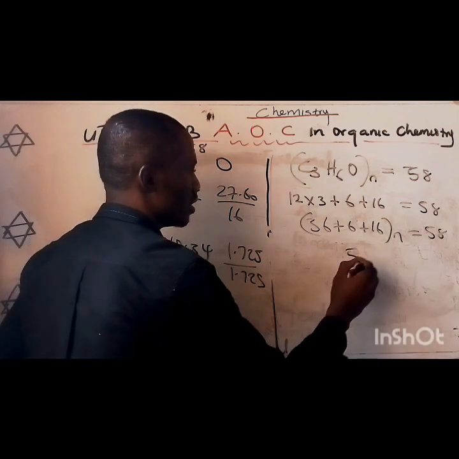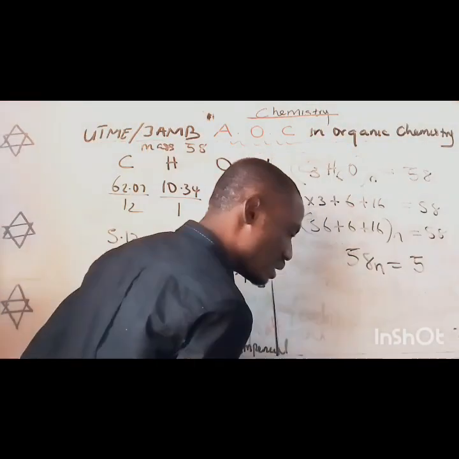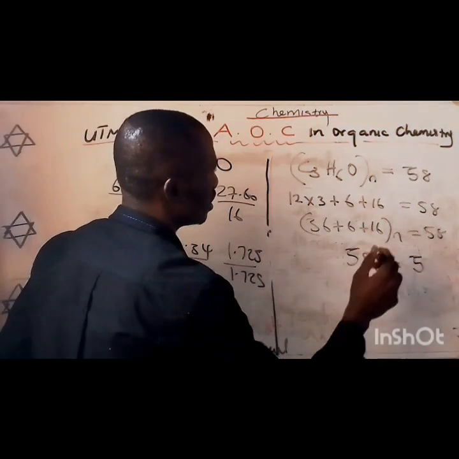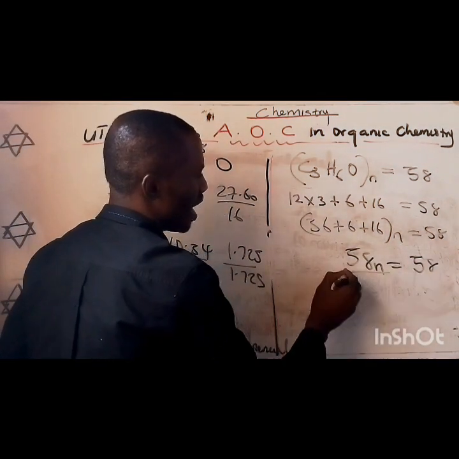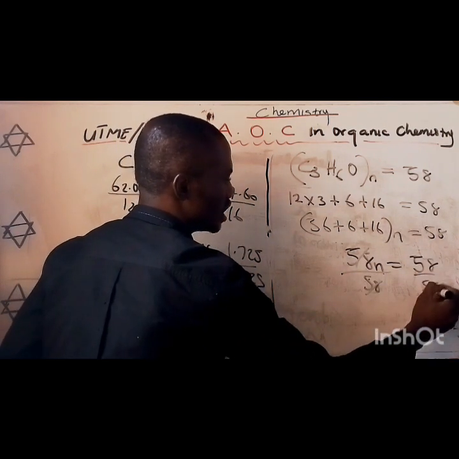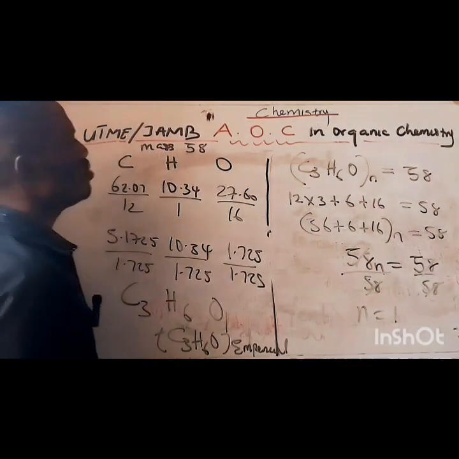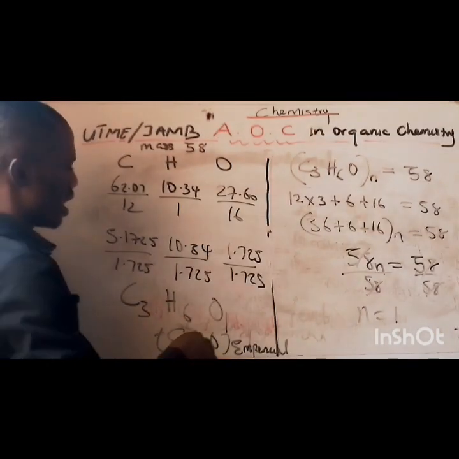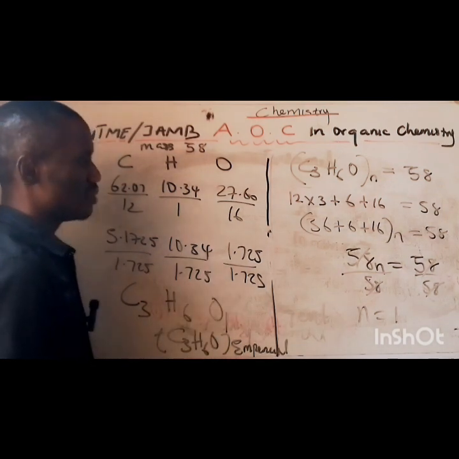So this is 58n equals 58. Divide by 58. So n is equal to 1, which actually means that the empirical formula and the molecular formula are the same thing.